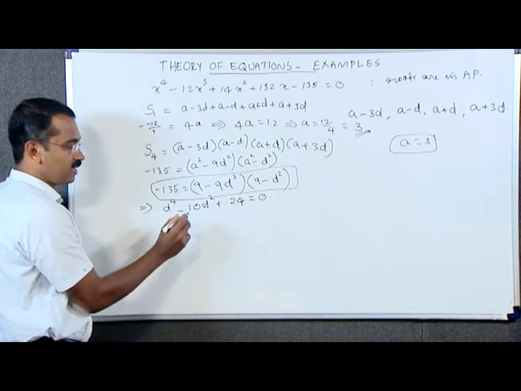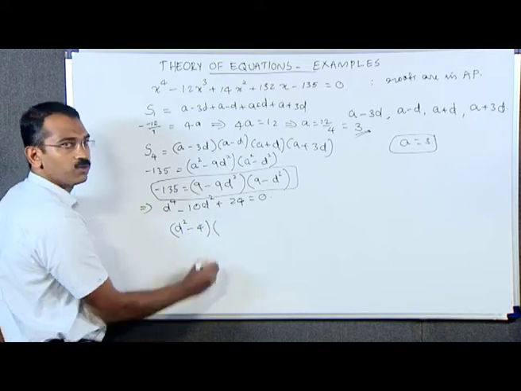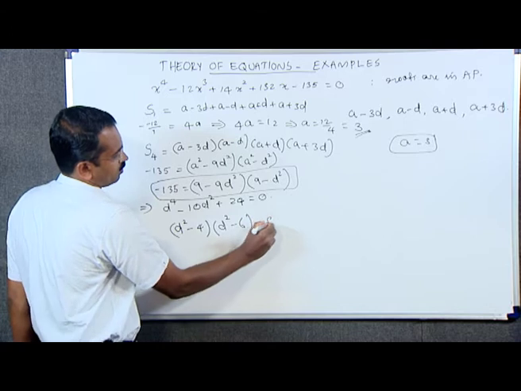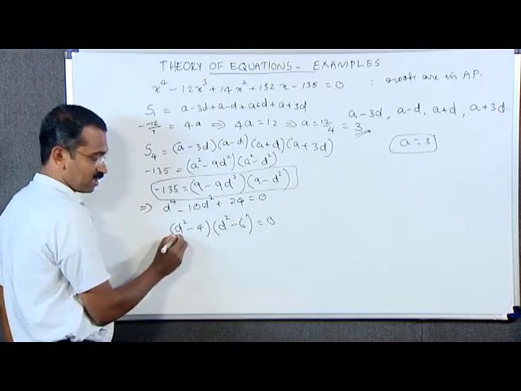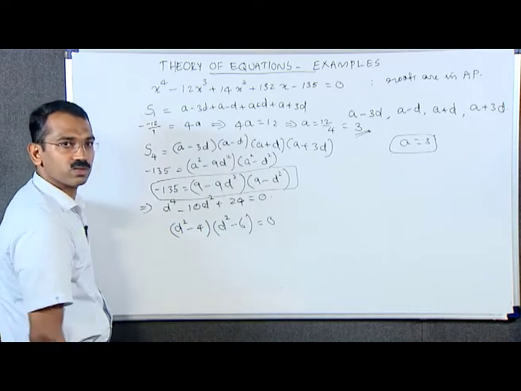That is, d square minus 4 into d square minus 6 is equal to 0, on factorizing this.